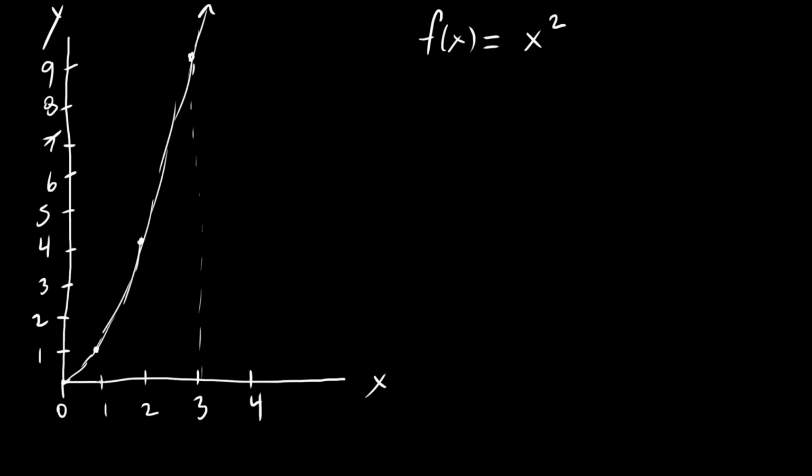So the right side of this width is going to be 1. So we go up to the value of 1, and then we just make a square from that. And then we do the same thing here. If our width is from 1 to 2, we take the y value of 2, and then we draw a rectangle here. And then the same thing for this. So these rectangles all have equal width, but their height is modeled by the right side.